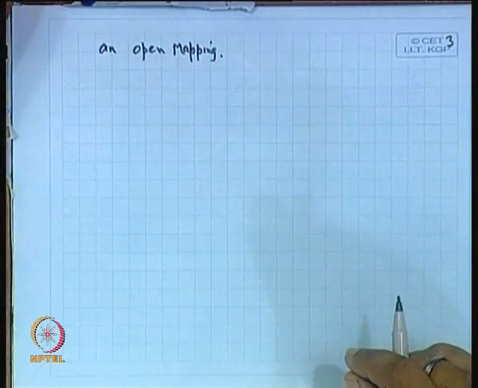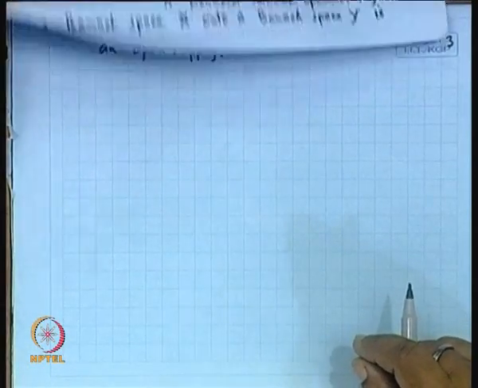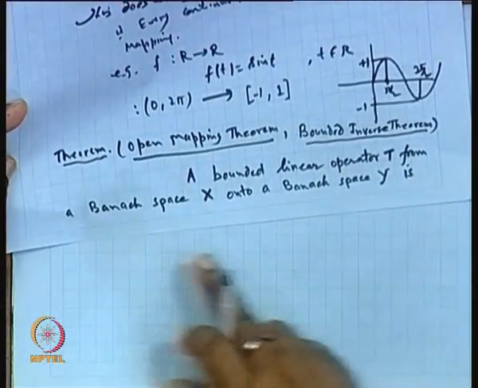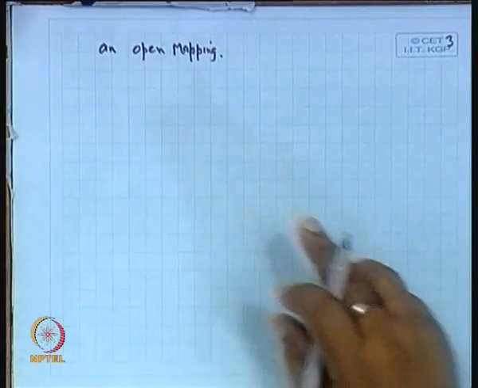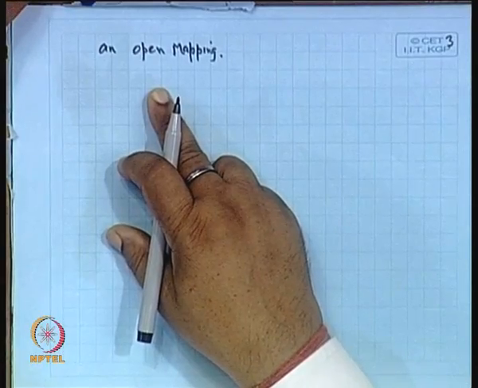So, this is the statement of the open mapping theorem, that a bounded linear operator T from a Banach space X onto a Banach space Y is an open mapping.